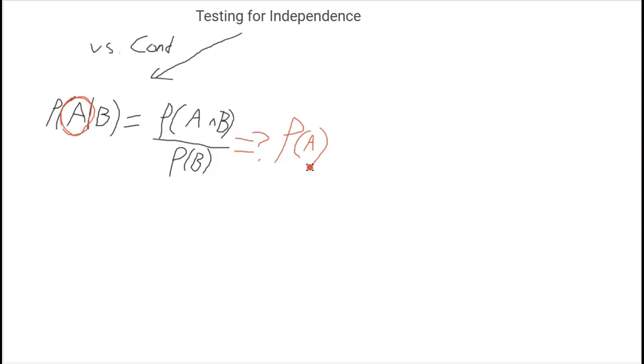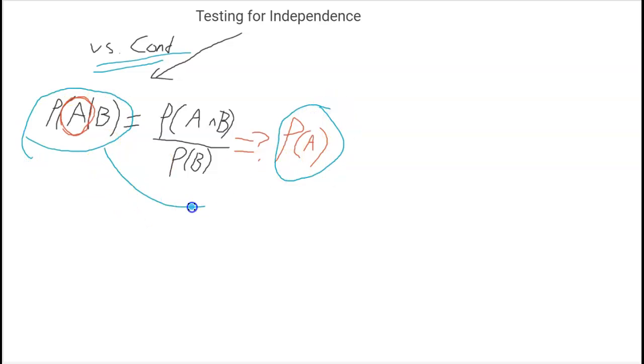Does the conditional probability equal the regular probability, the unconditional probability, the probability not knowing anything about any conditions? A lot of different ways to say that. So when we need to test independence and we know the conditional probability, we ask ourselves, is the conditional probability equal to the probability without any change?